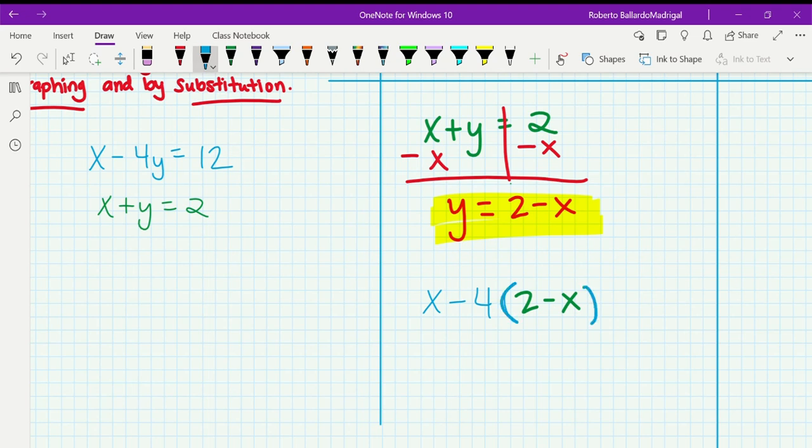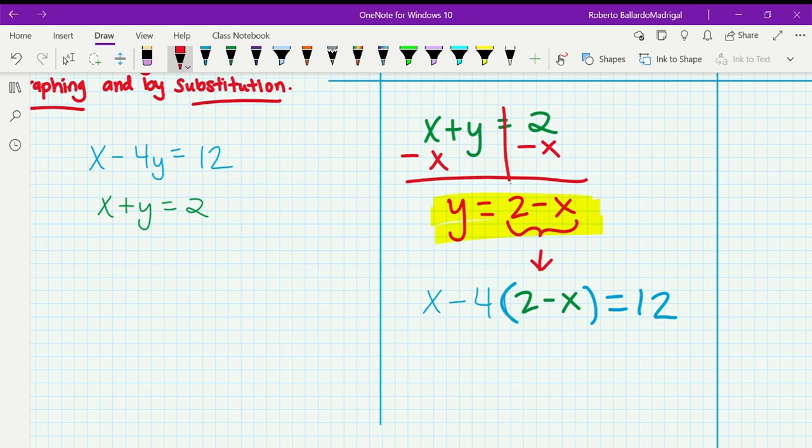So that way I have x minus 4 times (2 minus x), and all of this is going to be equal to 12. Keep in mind, all I did is take this and replace it here, because that is what originally was equal to y. You're replacing. That is all you're doing.